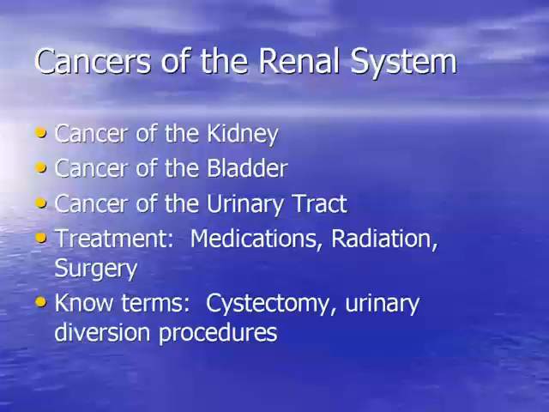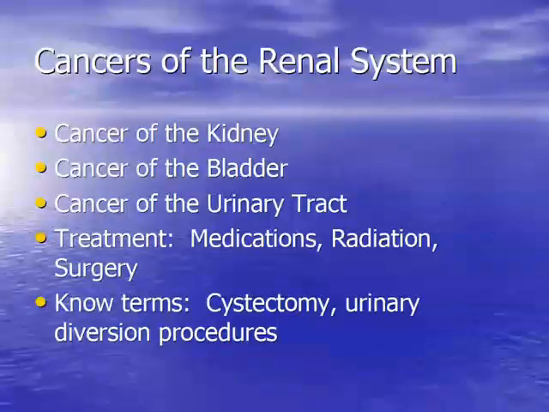Typical symptoms with bladder cancer are visible, painless hematuria, and treatment typically includes a cystectomy, which is removal of the bladder, chemotherapy, radiation, and perhaps a topical chemo into the bladder. Whether the bladder needs to be removed depends on the grade and the stage of the tumor that the patient has.